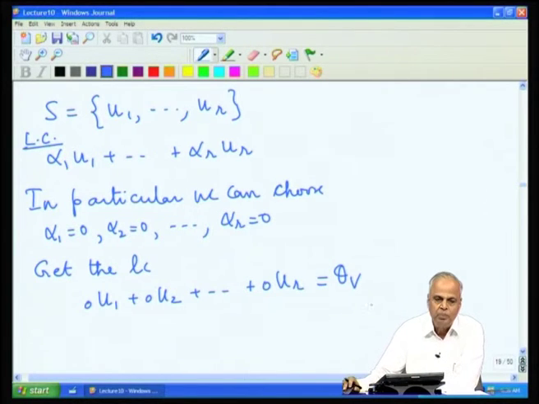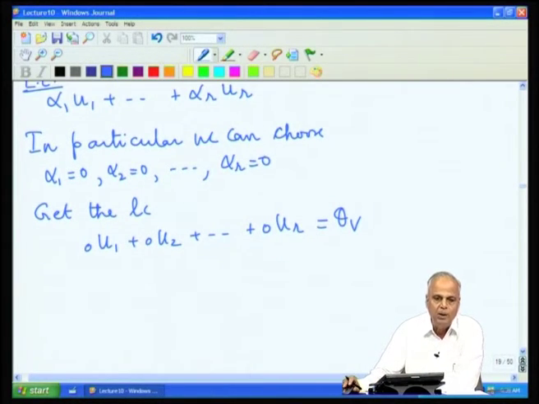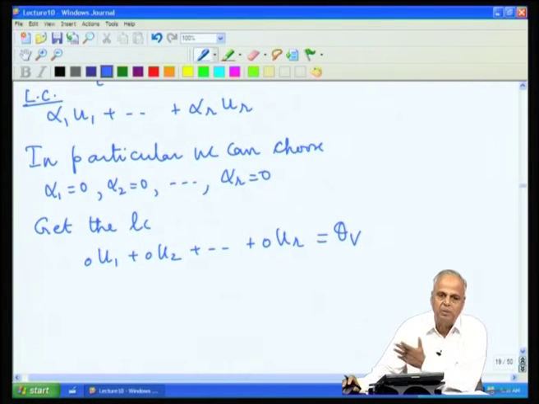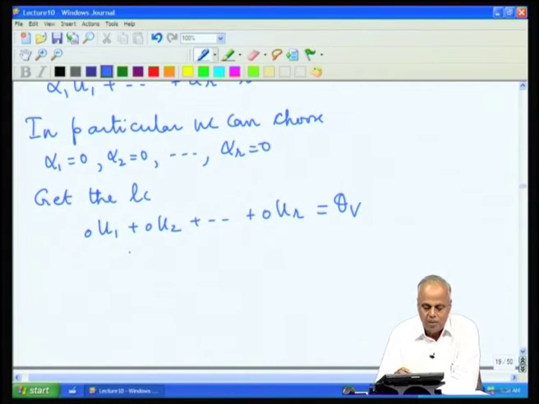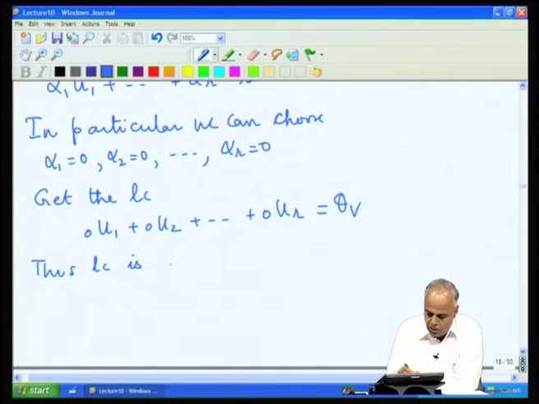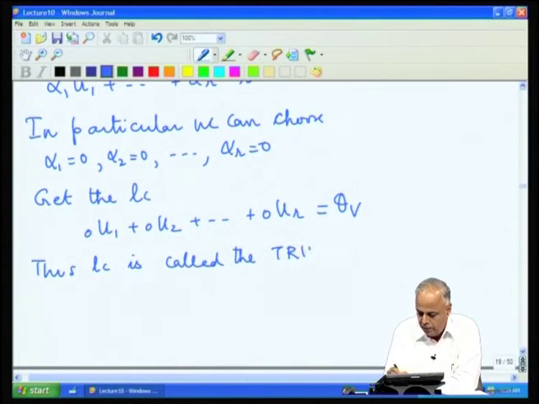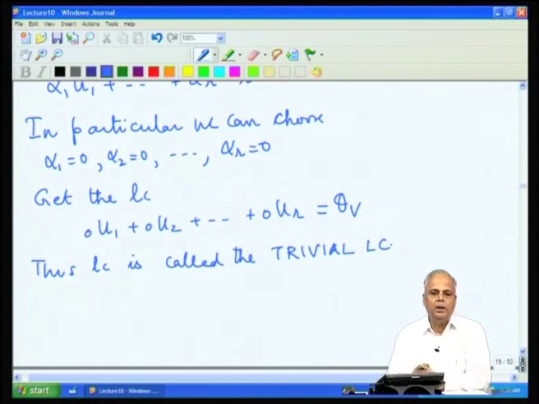So, therefore, the 0 vector is not of much use in building processes, because it can anyway be obtained from other vectors. Now, this particular linear combination that we have written, in which all the coefficients alpha 1, alpha 2, alpha r are 0, is called the trivial linear combination. What is the trivial linear combination?